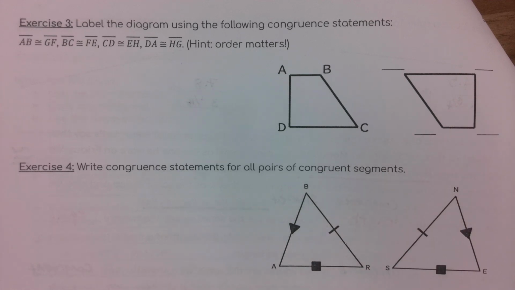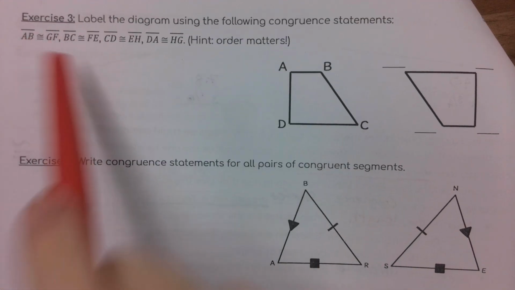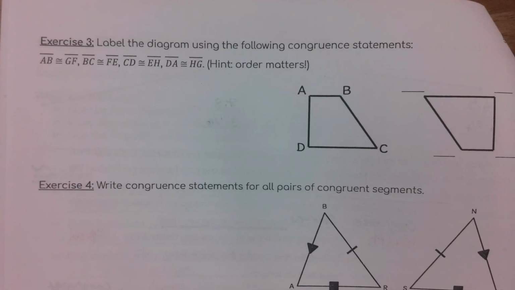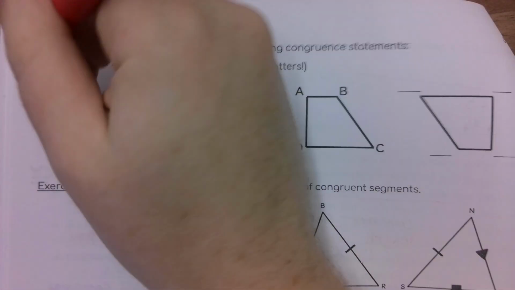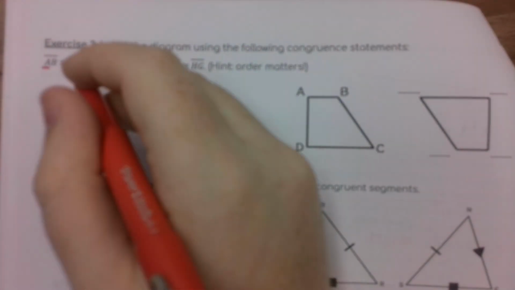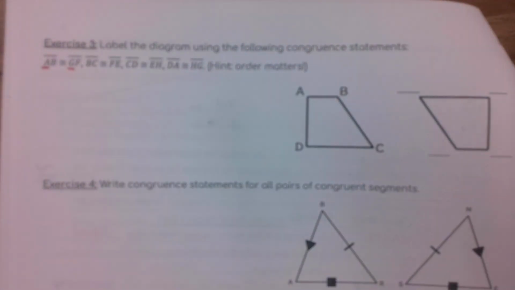Be extremely careful when looking at congruent statements because the order of the letters will tell you what is congruent to what. Let me explain. You see how A is the first part of this line segment and G is the first part of this line segment?